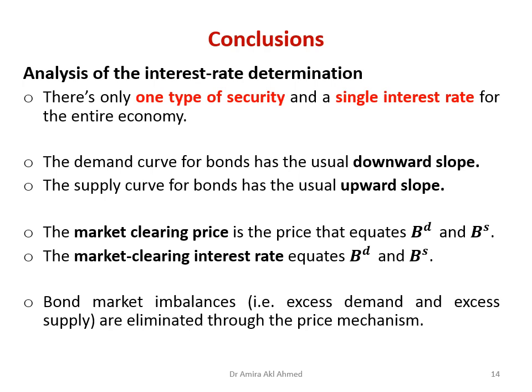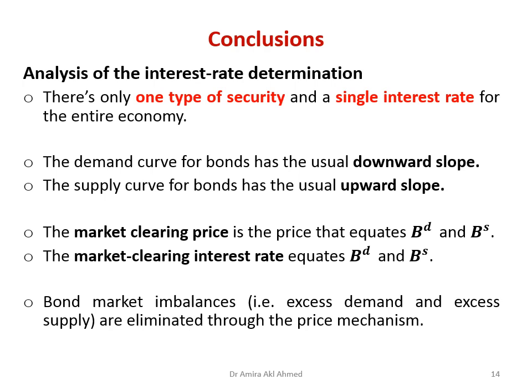The market clearing price is the price that equates the quantity demanded of bonds and the quantity supplied of bonds. Similarly, the market clearing interest rate equates the quantity demanded for and the quantity supplied of bonds. At a price higher than the equilibrium price, the bond market suffers from excess supply.